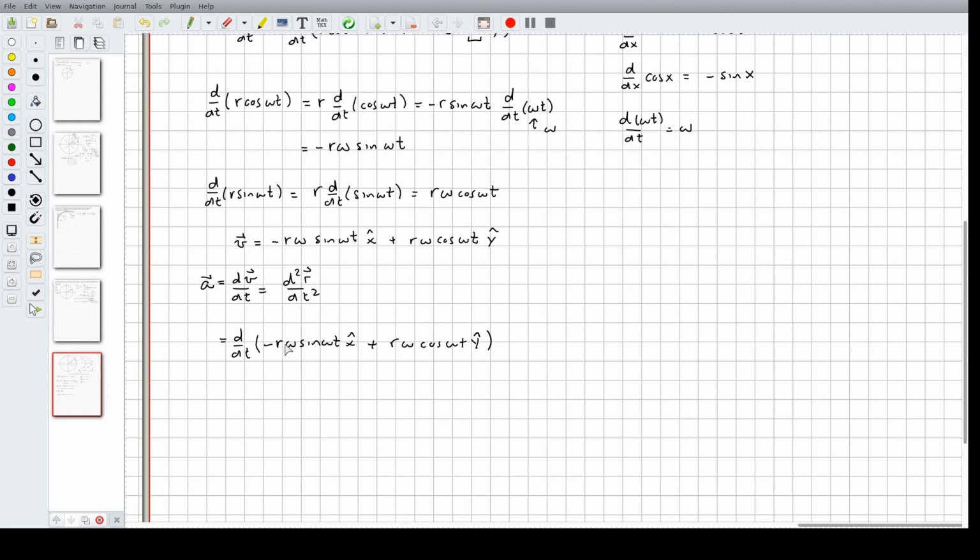The r's and the omegas are common between these two, and I can just pull them out. They're constants. Okay, so once again, derivative of sine is cosine. The derivative of cosine is minus sine. You have an omega on the inside to the chain rule that you can pull out.